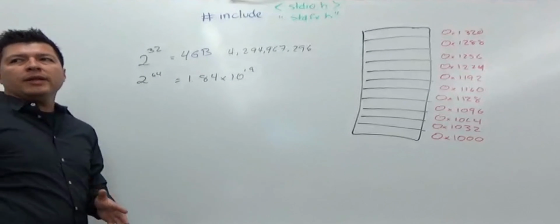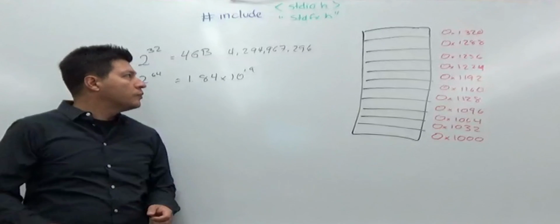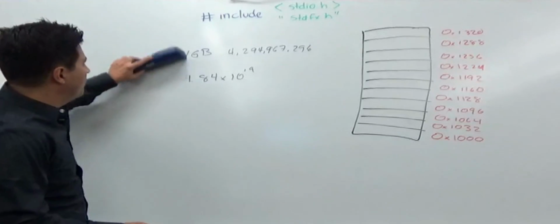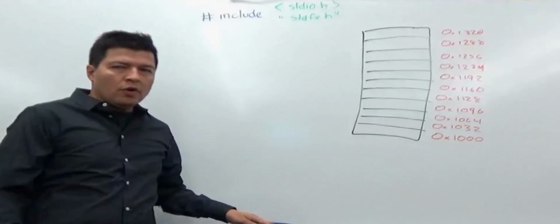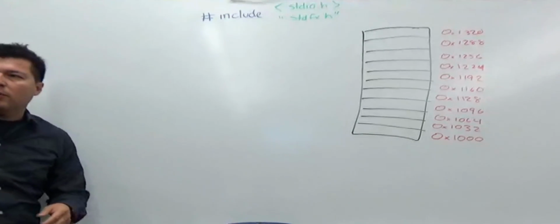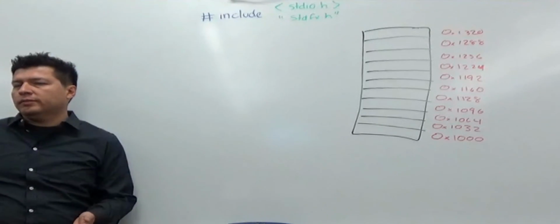We're going to talk a little bit about variable declarations, variable types. So let's erase this. So a variable is like math. It's just a placeholder.